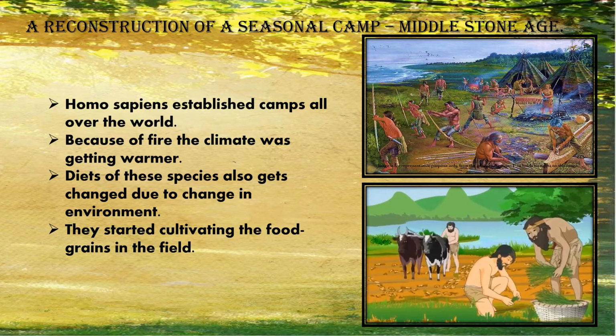As we learned from our previous lesson in Middle Stone Age, these species started to live in groups. So they reconstructed the camp near the sea shore all over the world as they were living in groups, and also because of fire the climate was getting warmer.